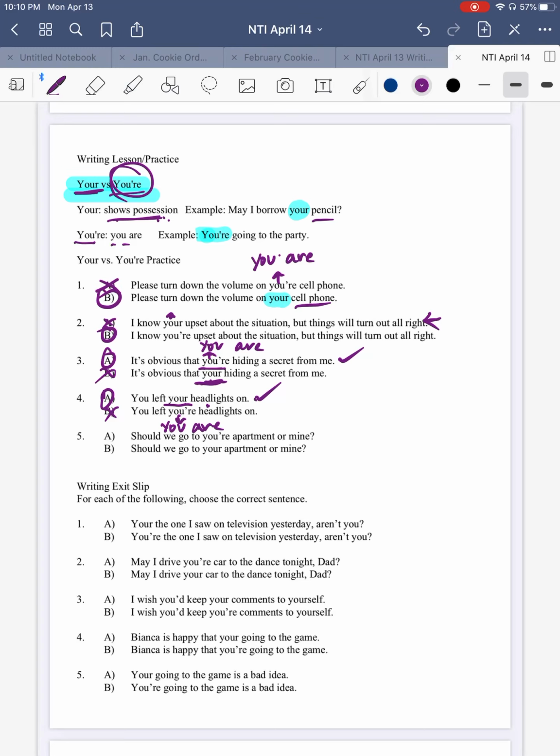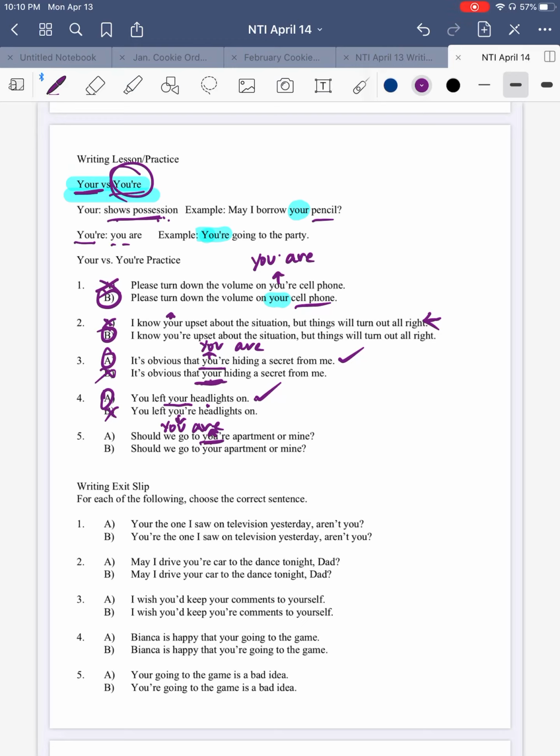Looking at number 5, "Should we go to you're apartment or mine?" Reading this, we're going to replace the contraction "you're" with "you are" to see if this makes sense. "Should we go to you are apartment or mine?"